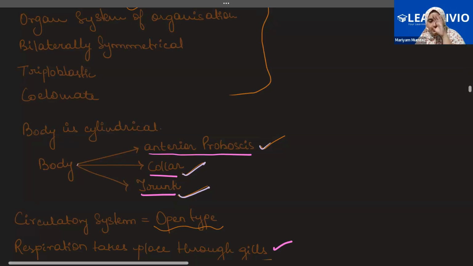See how the organism looks like a worm. Is it looking like a worm? Yes, so that is balanoglossus, a member of this Hemichordata phylum. Their bodies are divided into three very different parts: anterior proboscis, collar, and trunk.